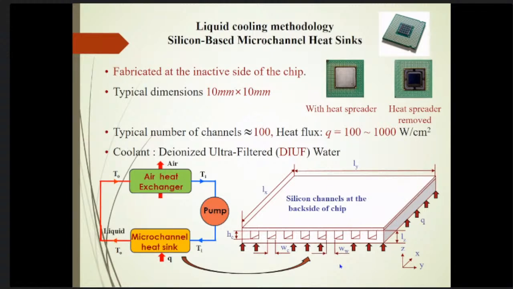The other way is to make an integrated arrangement of cooling the chip, where the surface of the chip is cooled without having any add-on on it. Imagine a 1 centimeter by 1 centimeter chip, and you make grooves on it through micro machining, creating channels with dimensions like 100 micron, and then you flow the coolant over these channels.